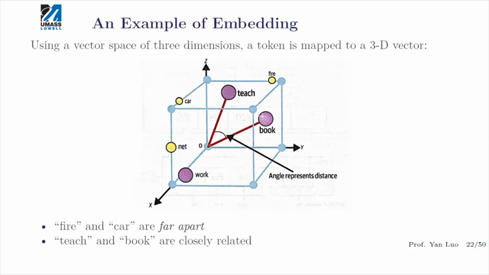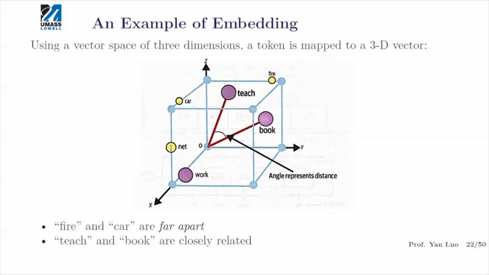I'm not going into the details of how we get this. If we look at these 2 words, fire and car, fire is here, car is here, and relatively speaking they are pretty far apart.